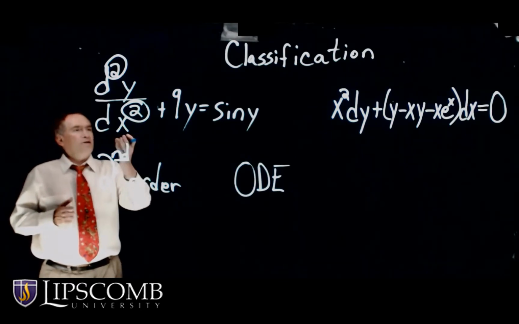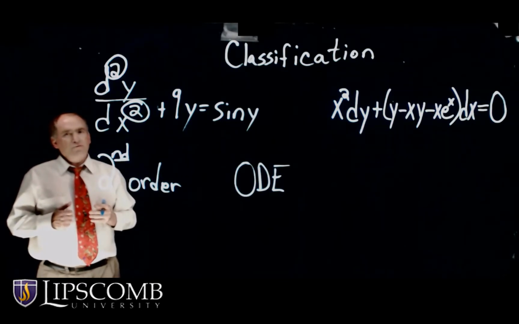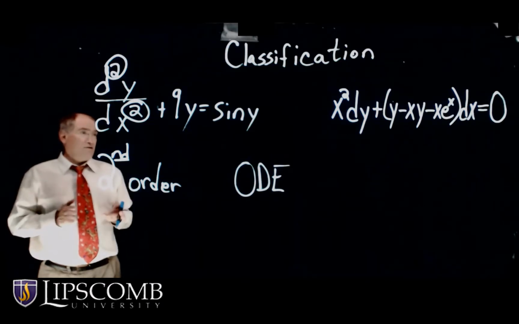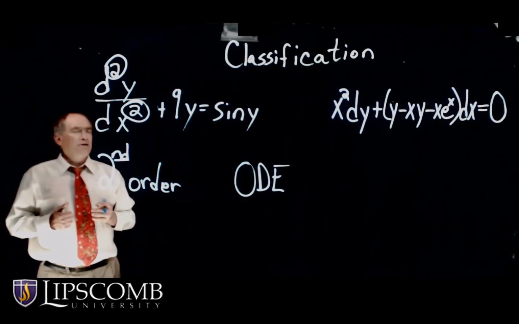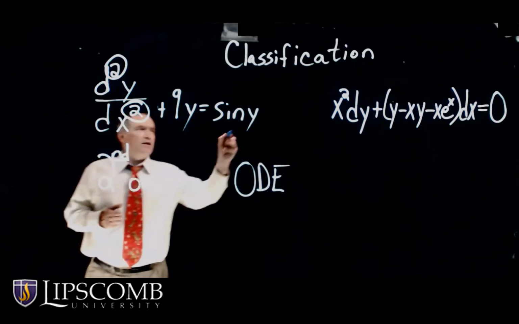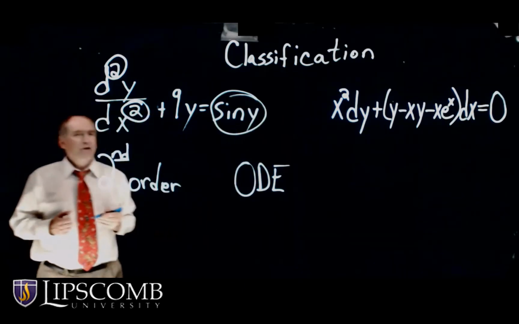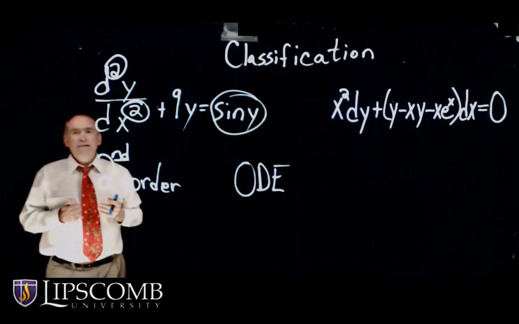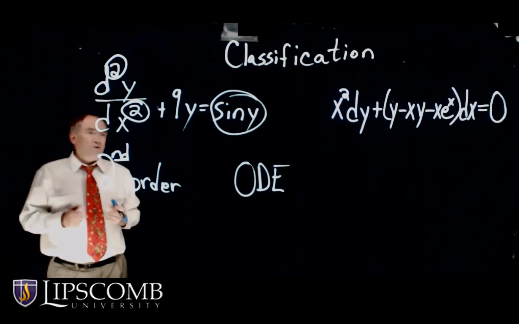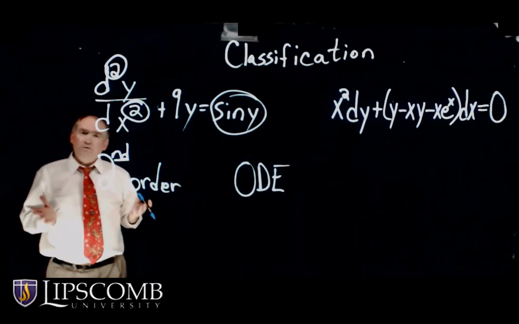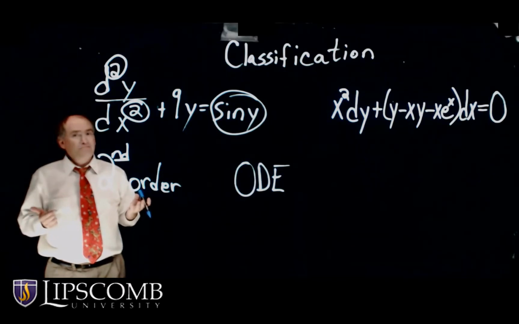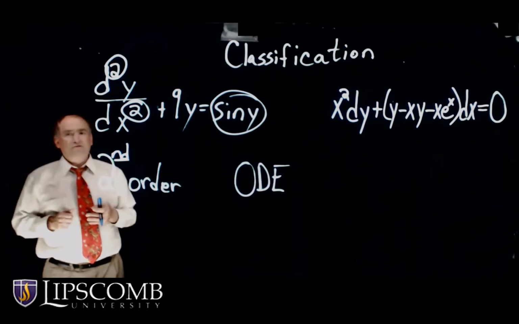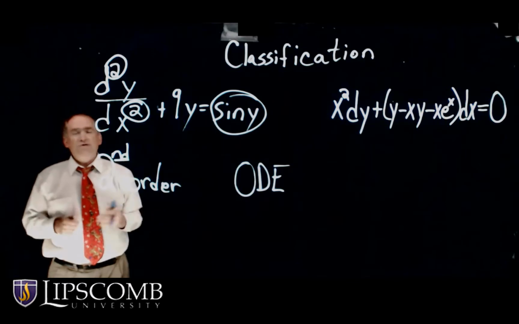Well, I look at the left-hand side of the equals and I see, hey, it's fitting the definition of linear. It's of that general form that I've given you in class. But then I go to the right-hand side and I notice this function. Sine of y, first of all, it's a function of y. So therefore, I know it's not going to be linear unless I can take it over to the other side and incorporate it in with the 9y.